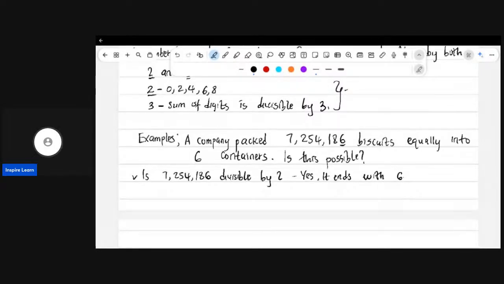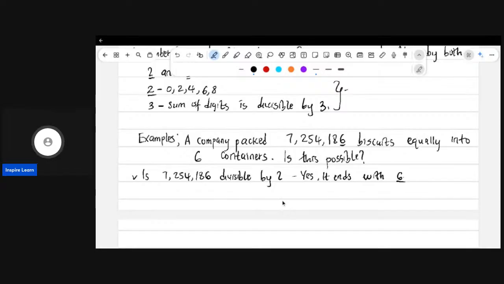Remember, we said that a number is divisible by 2 if it is either ending with 0, 2, 4, 6, or 8. So that means that our number, which is 7,254,186, is divisible by 2 because it ends with 6.